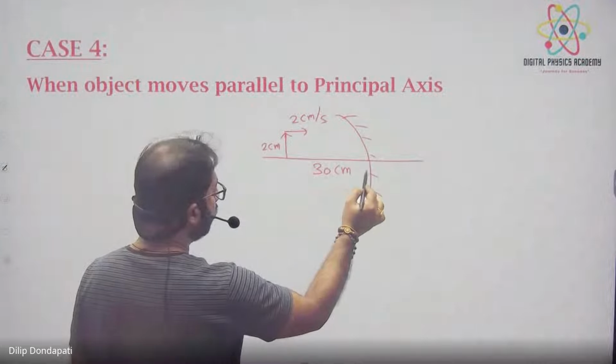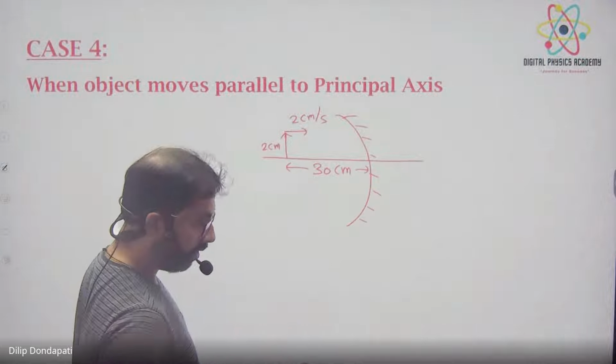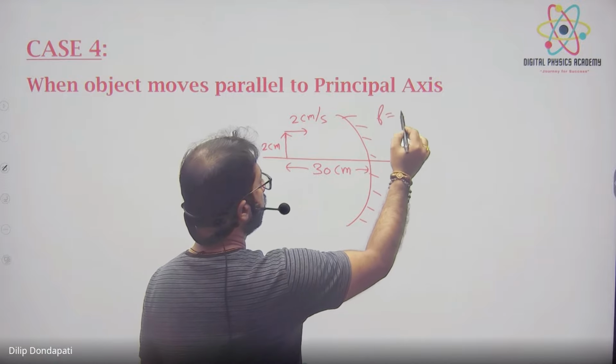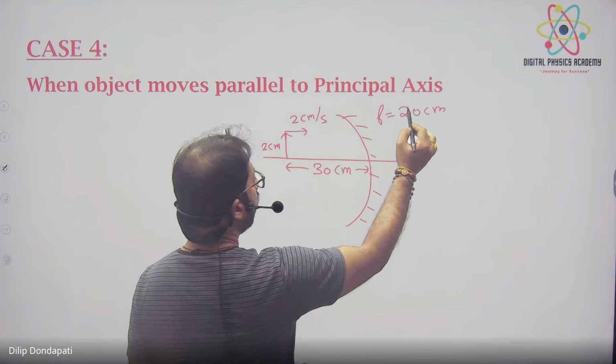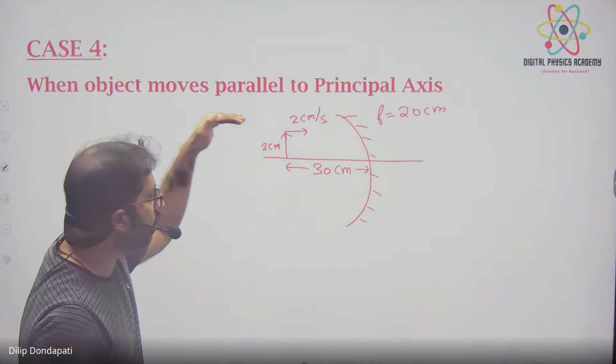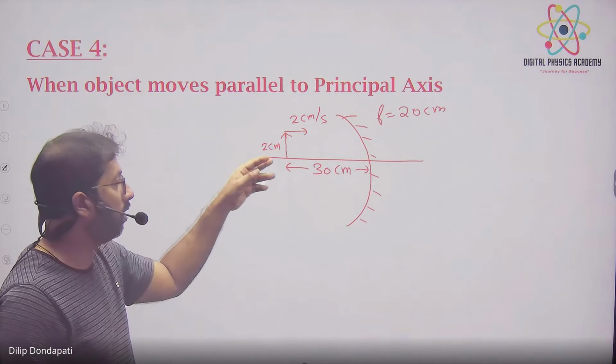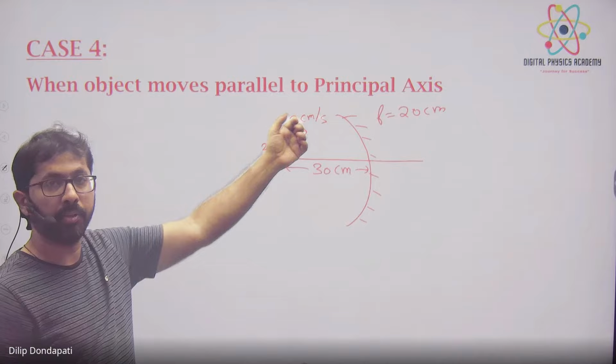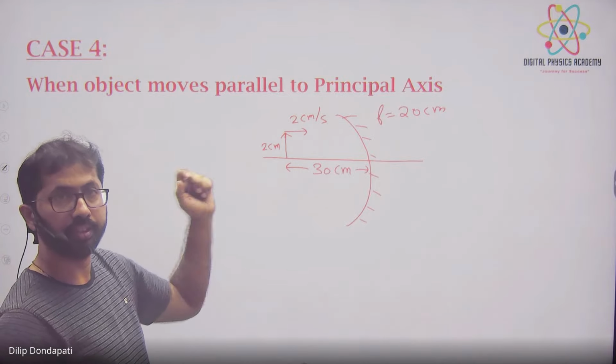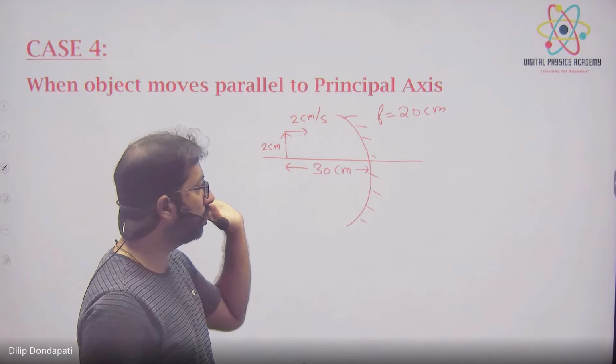So this is the object distance, right? And f is 20 centimeters. See, it is moving parallel to the principal axis, but not along the principal axis, right? That is the thing. That's why we have to go for the general method only.